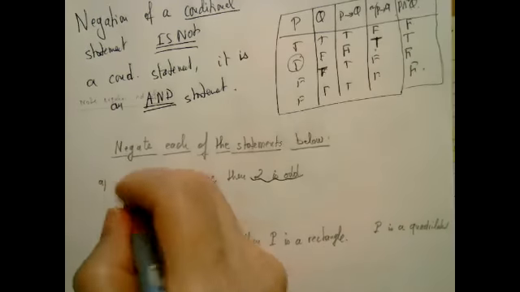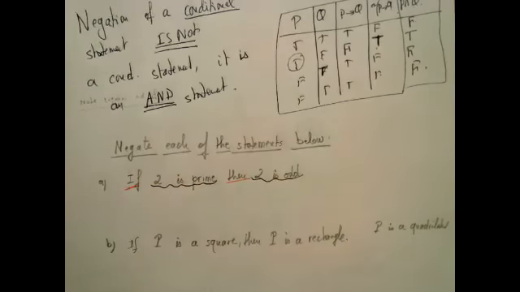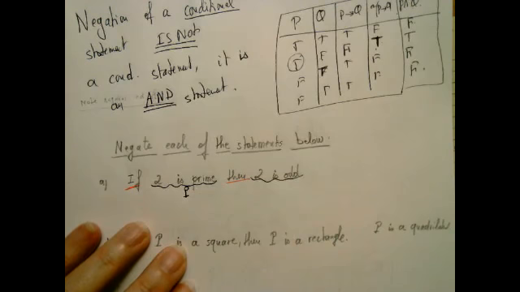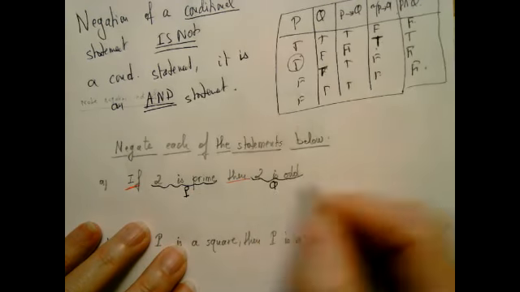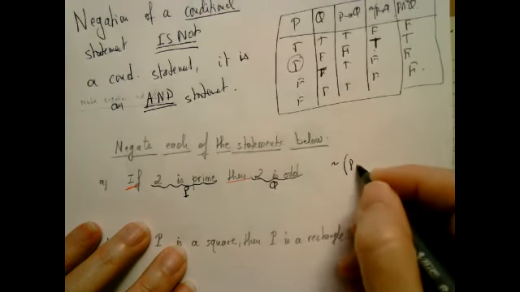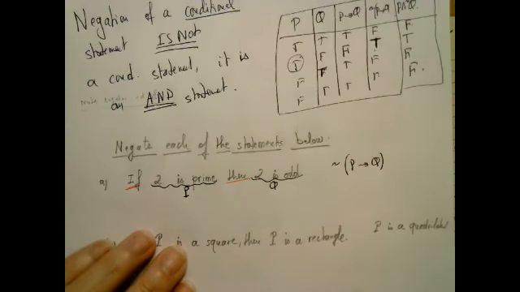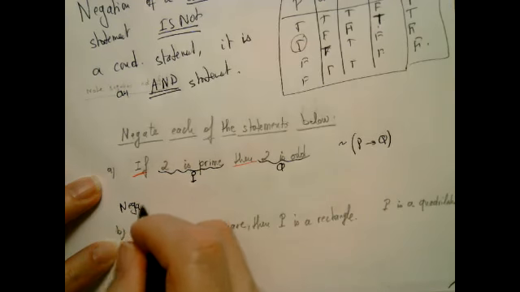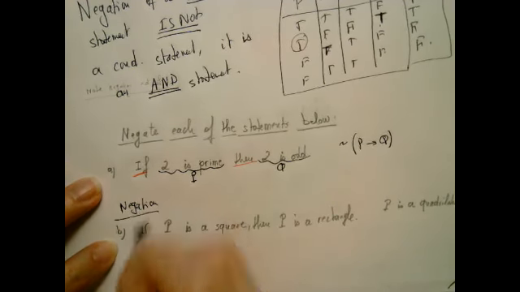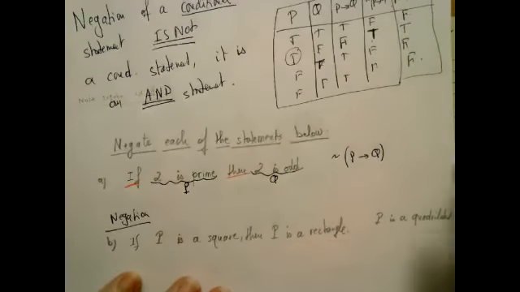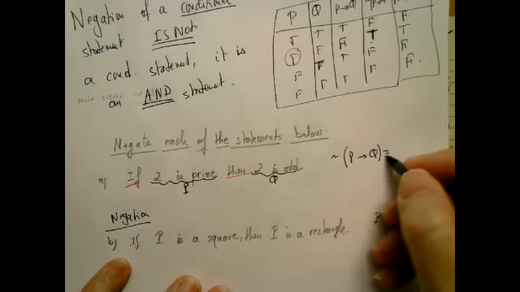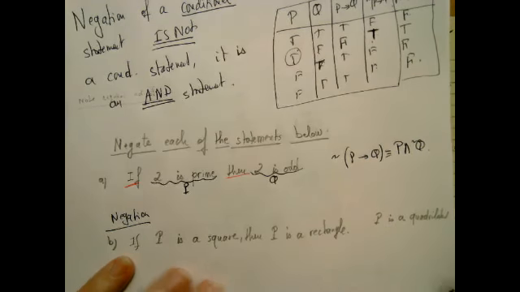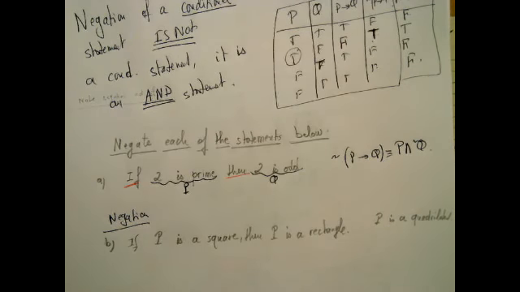So this is my premise, or my hypothesis, and this is my Q. So now I'm negating if P, then Q, the simple possible scenario. And what's the negation? Quickly. The negation is P and non-Q, because it has to capture why this statement is false.